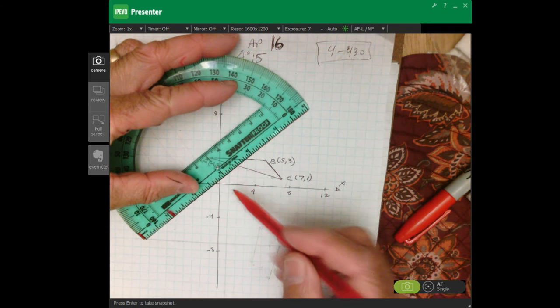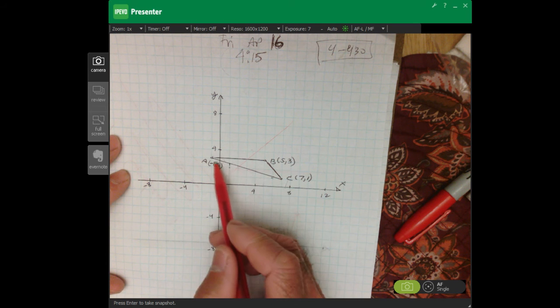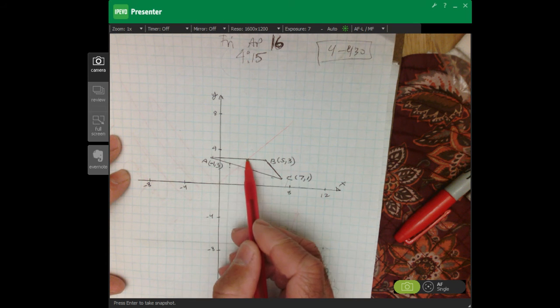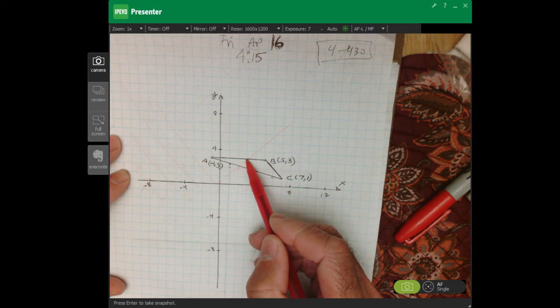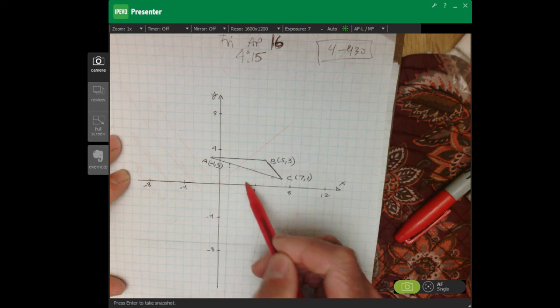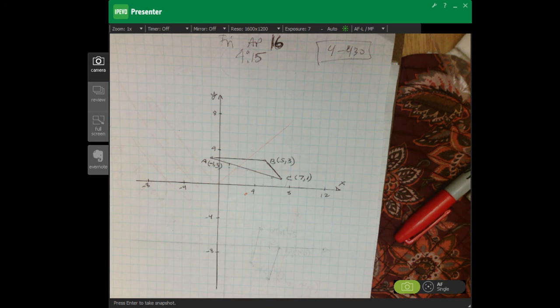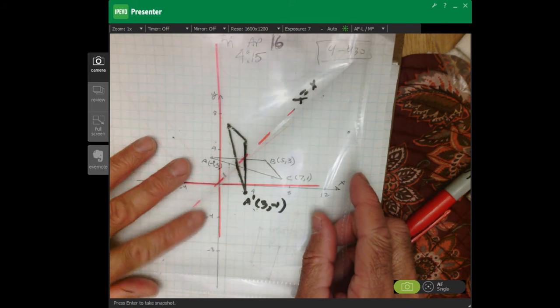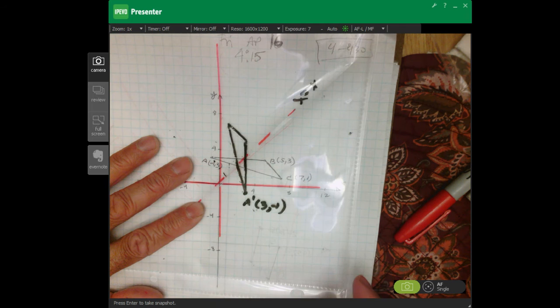Hopefully you can see it. It's very light. Okay, so I'm going to go over 3, 1, 2, 3, 4, and then down that same amount. So I went over 4, so I'm going to go down 4. 1, 2, 3, 4. And that's the point. As you can see, it's right on top.